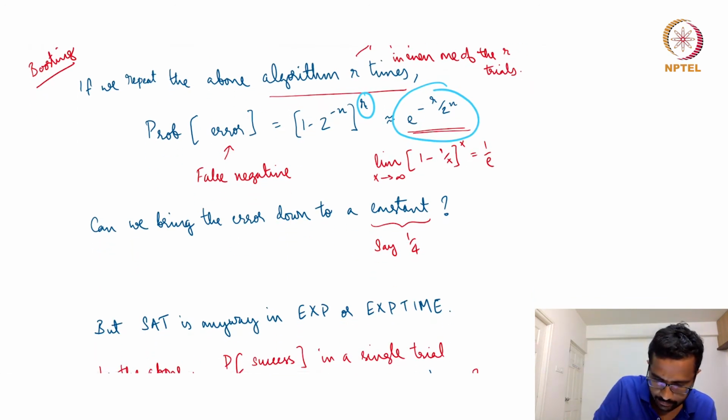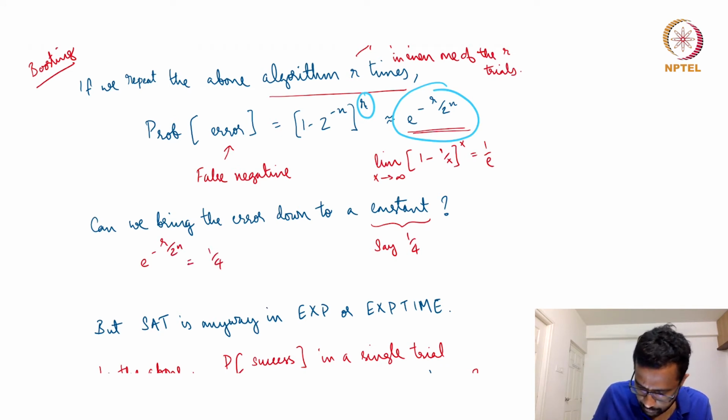So we can set e power minus r divided by 2 power n to be 1/4, which implies that r divided by 2 power n should be the natural logarithm of 4, which means r should be 2 power n times ln 4.